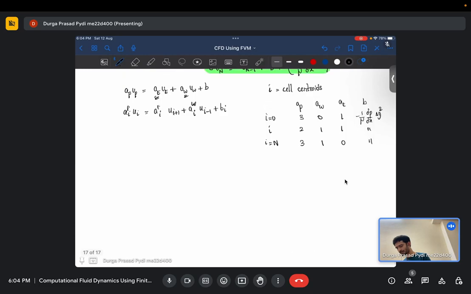If you take the same equation, you start with an initial guess over the entire domain. So for all I equal to 0 to n, you start with a guess value, and then you update the values, for each UI, using the same equation.